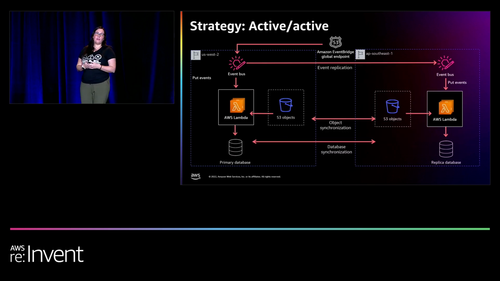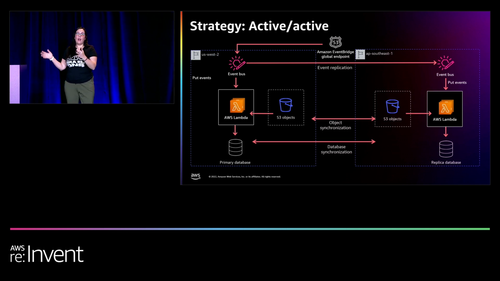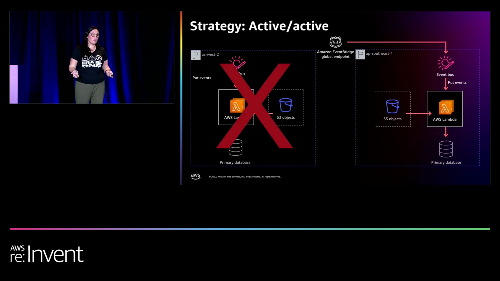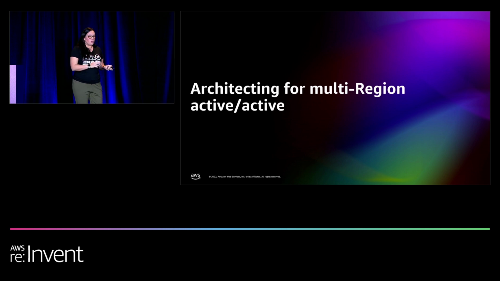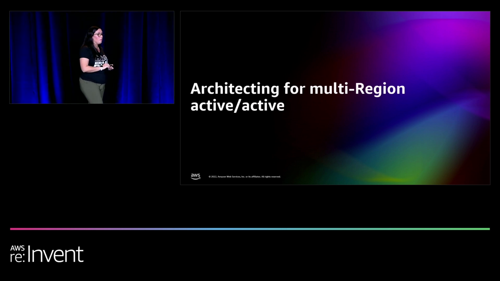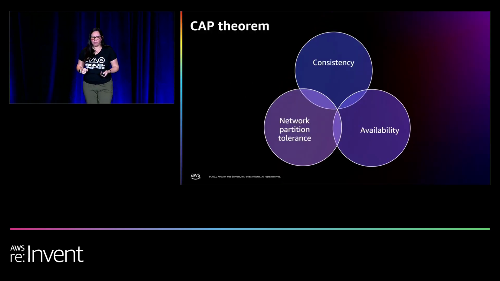Active-active is a little bit more complex: you just have the two full-stack applications running in both regions. And then when things happen, you just divert the traffic. So let's get into the beef of this session, the architecting part, where I will show you how to do these two strategies more in depth.